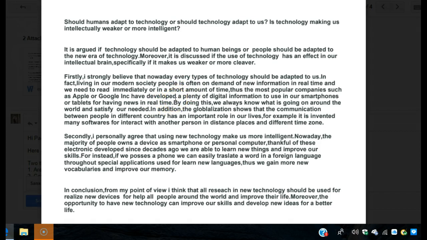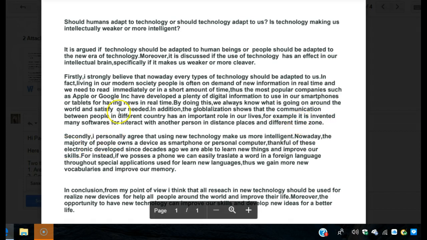"Okay, so by doing this, we always know what is going on around the world and satisfy our needs," with an S, no ED. "In addition, globalization," careful with your spelling, no the. "Globalization shows that the communication between people in different countries, IES, has an important role in our lives. For example, it is invented," no, syntactically this is wrong.